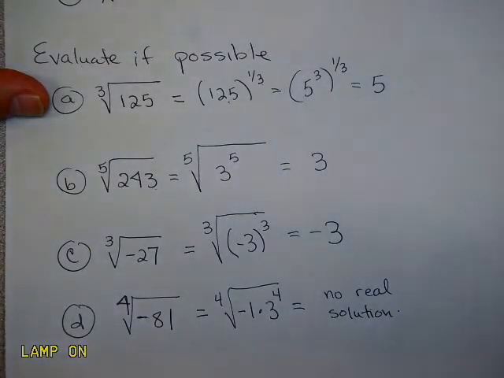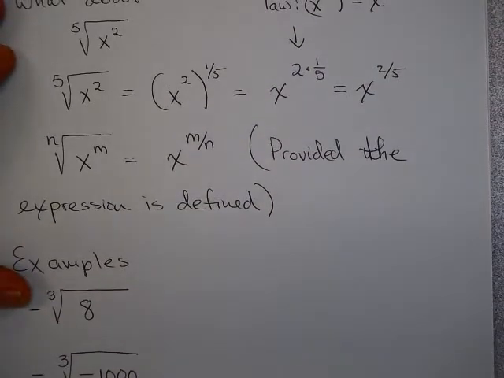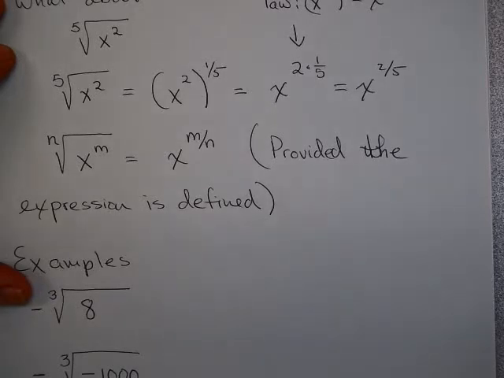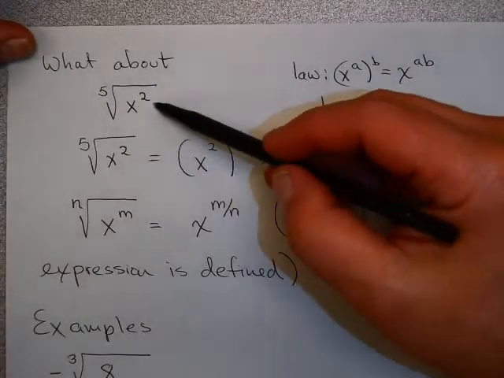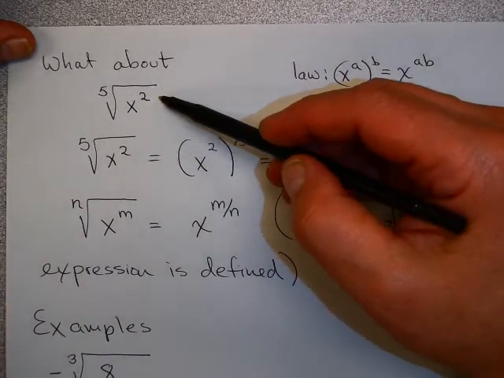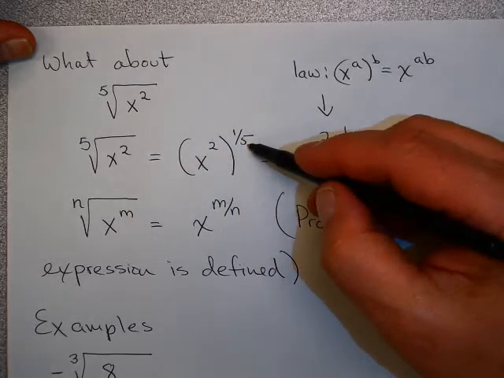So while you can apply these rational exponents to numeric problems, one of the things that's interesting is to think about how you can extend this to non-numeric problems. For example, what does the fifth root of x squared mean? Well, the fifth root of x squared is x squared to the 1/5 power.